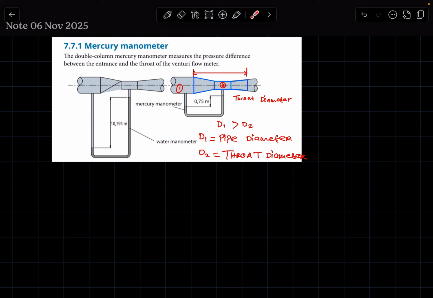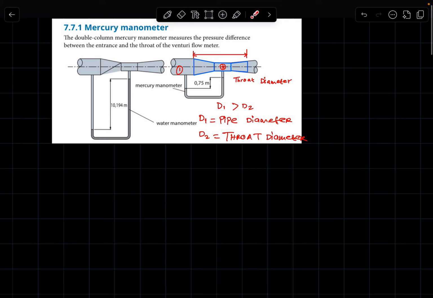And if you look at the other column, where the other part of the manometer is fitted on the neck of the Venturi meter, essentially, in this scenario, the manometer is measuring the pressure head difference between the pipe and the neck of the Venturi meter.